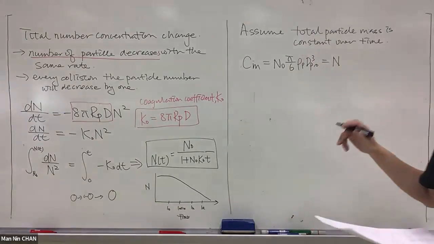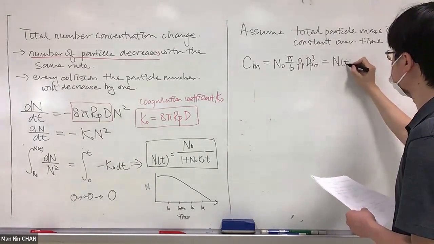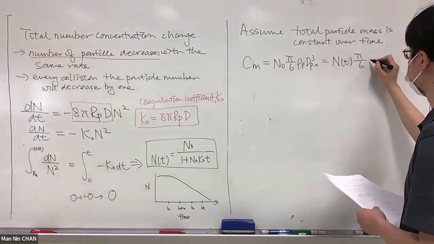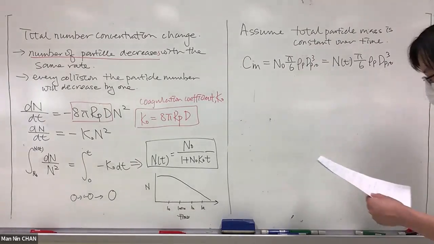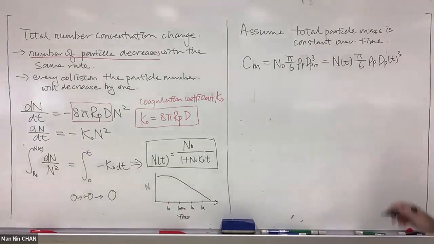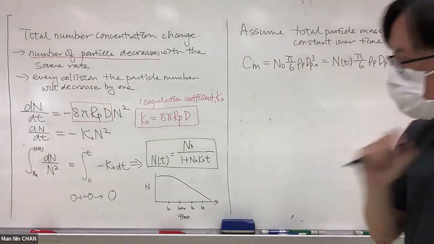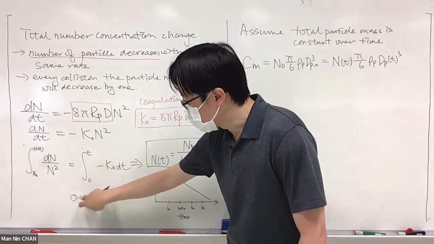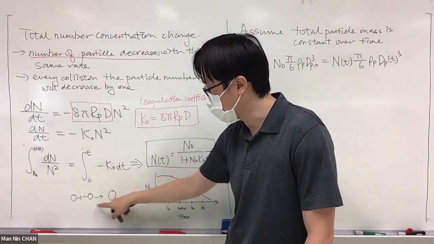So let me write down the equation and I will discuss it with you. I will just do a very simple rough analysis. In this case, we know that when two particles stick together, the number decreases and your size will increase.